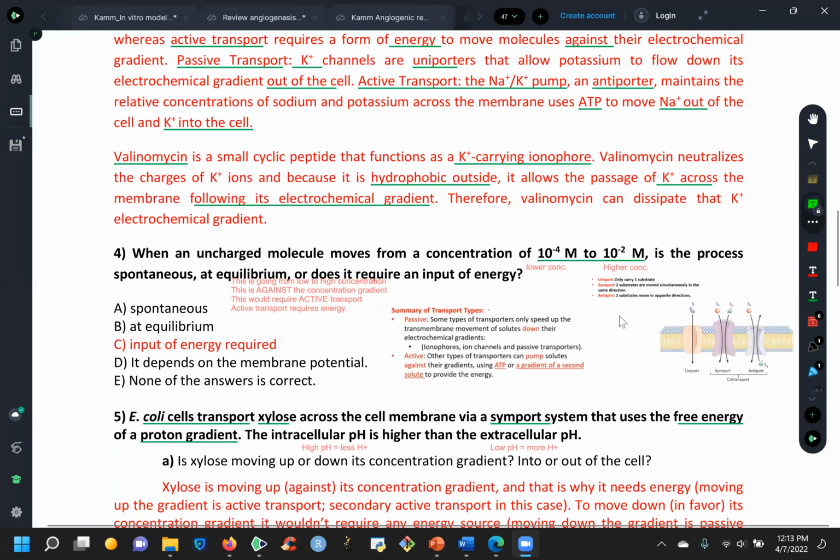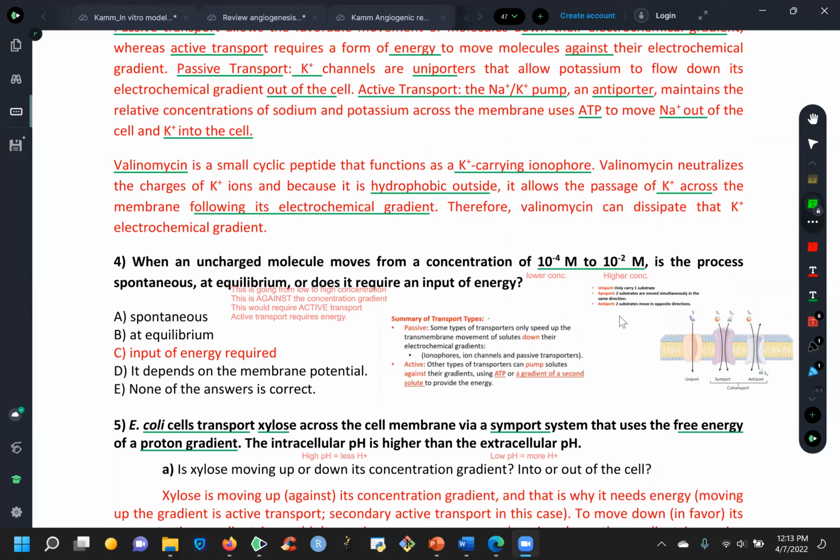All right, and then we have active transport, and that's the sodium potassium pump. So I'll do the notes. Here's active transport. We just covered passive. Passive required a channel. It was uniport, and potassium goes out of the cell, down its electrochemical gradient. Active will be against.